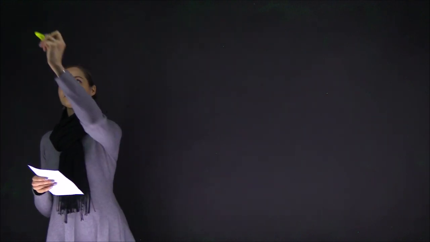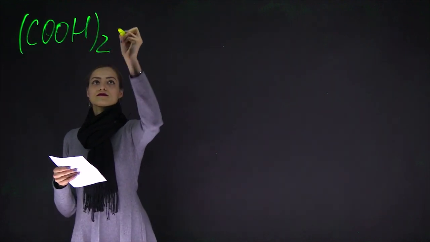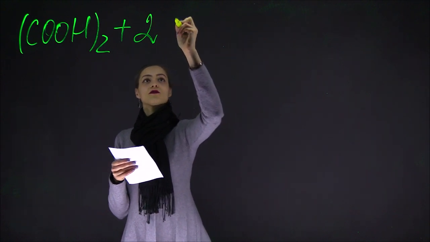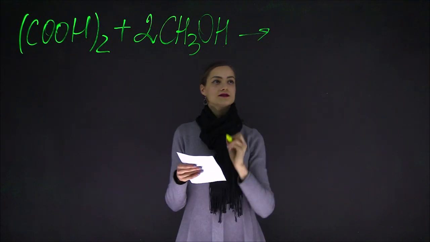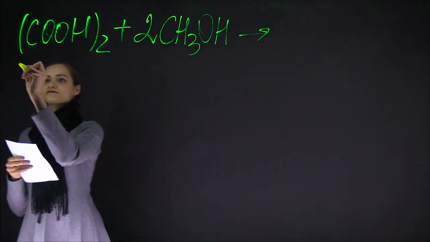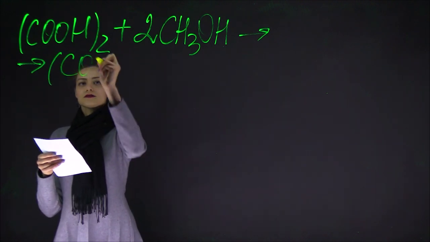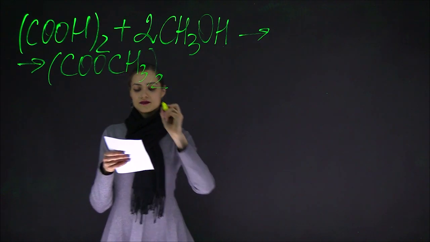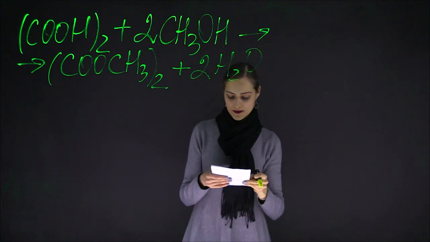This reaction goes according to the equation: (COOH)2 plus 2 moles of methyl alcohol, CH3OH, and gives us ether, (COOCH3)2 plus 2 moles of water.